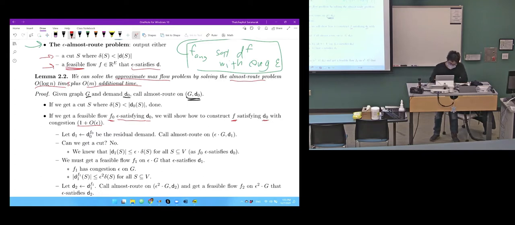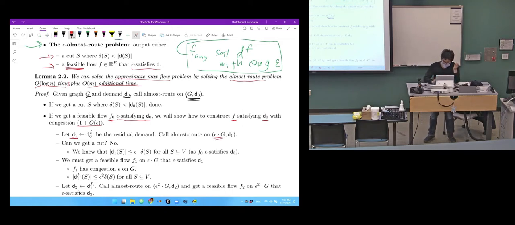So look at this residual demand. Think of this residual demand as something super small. It can be satisfied by some flow that has congestion just epsilon, right? This we know. So it makes sense to scale down the graph by an epsilon factor. If I scale this graph by epsilon, there would still exist a feasible flow in this graph.